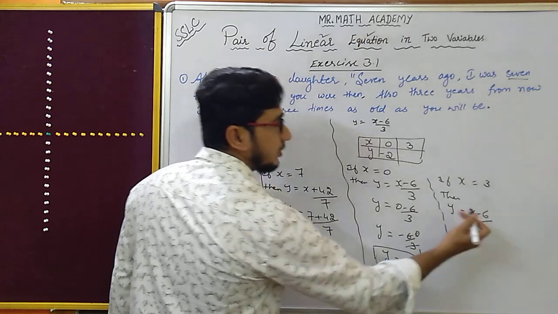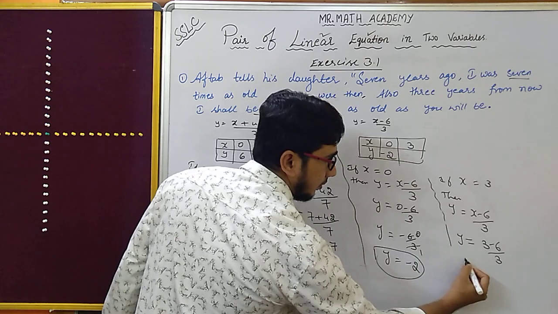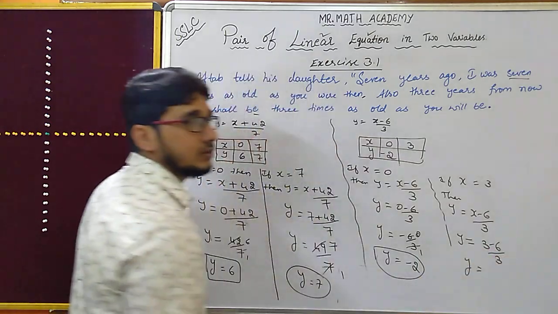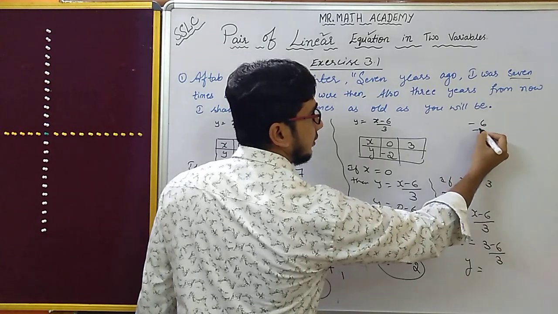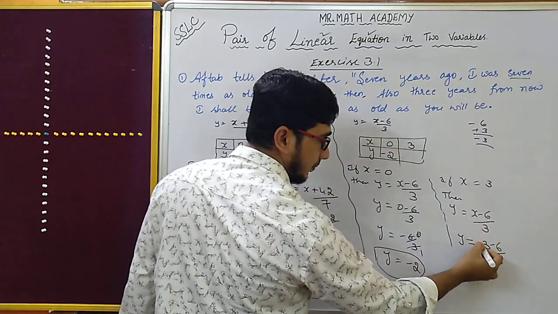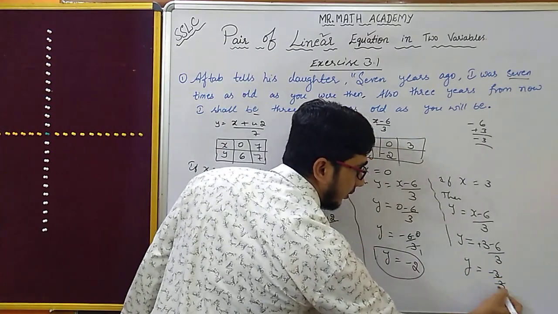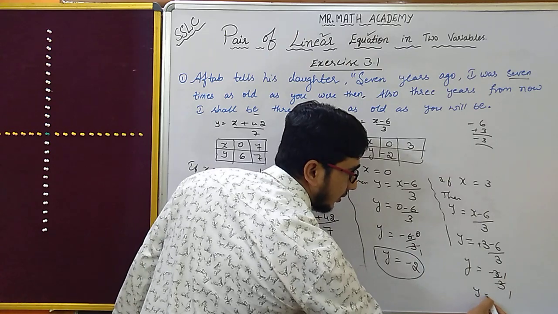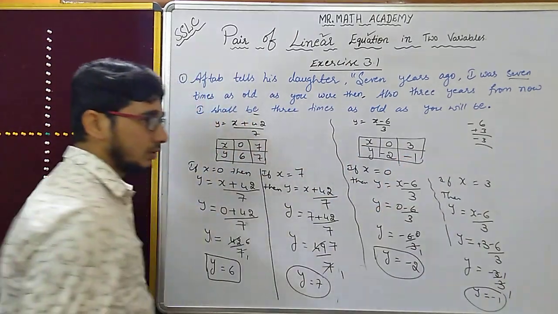How much did I take for x? I took 3. 3 minus 6 is minus 3. Remember, minus 6 plus 3 is minus 3. Here also it is the same thing. So minus 3 by 3. 3 1s are 3, that is y is equal to minus 1. I'll write here minus 1.